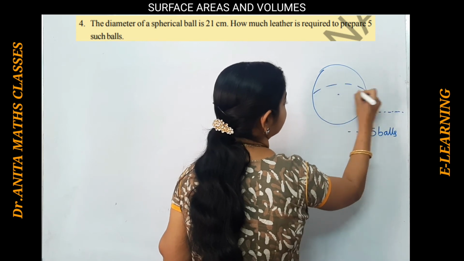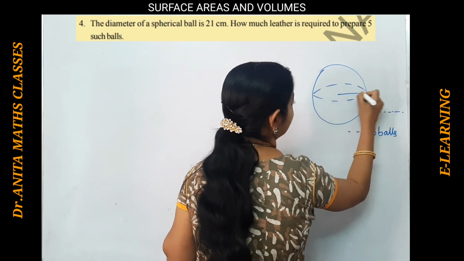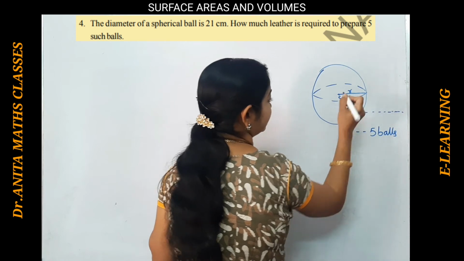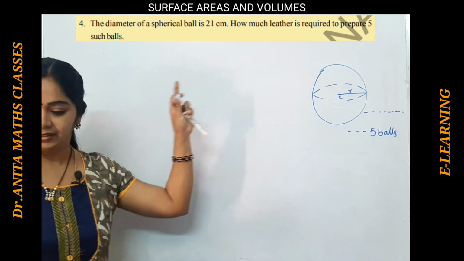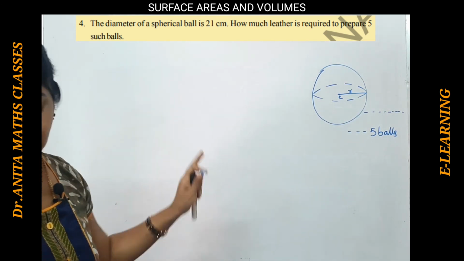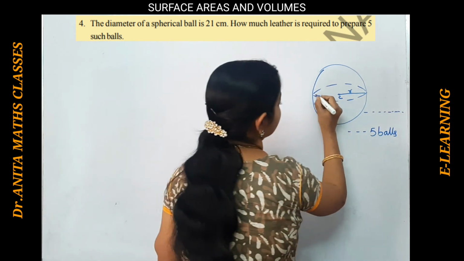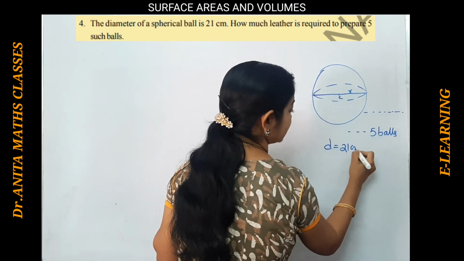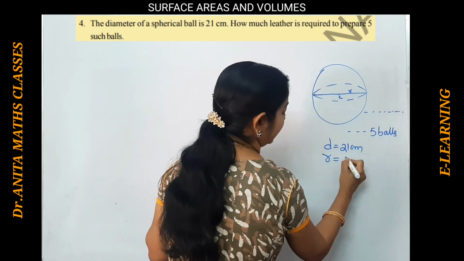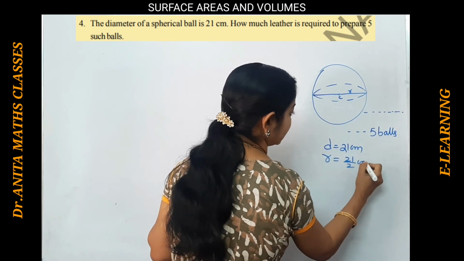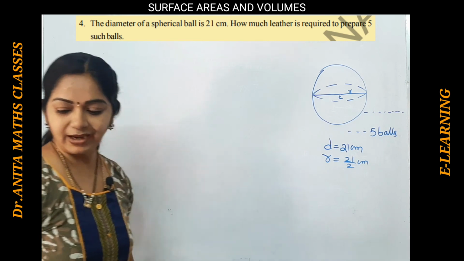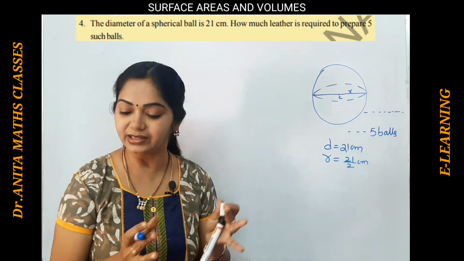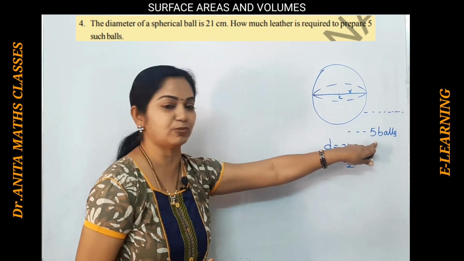This is the sphere, the leather ball. The diameter is given as D equals 21 centimeters. So we can get the radius as 21 by 2 centimeters. And it asks how much leather is required to prepare 5 such balls.